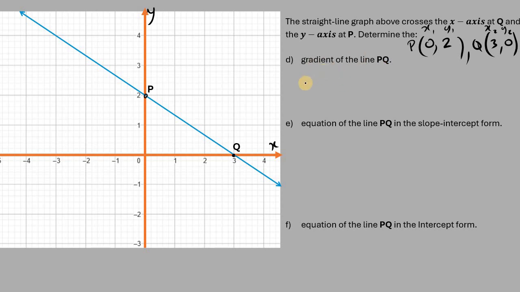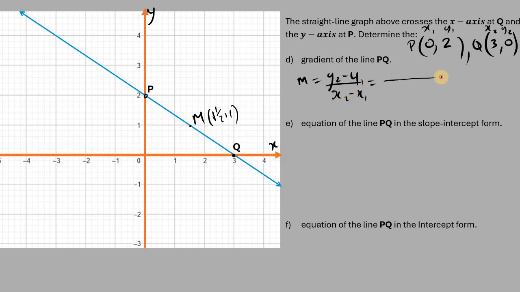All right, so the gradient formula now, because the midpoint really is a capital M, 1.5, 1. So we got it for it, right? The gradient is a small letter m. Remember that, and it's y2 minus y1 over x2 minus x1.